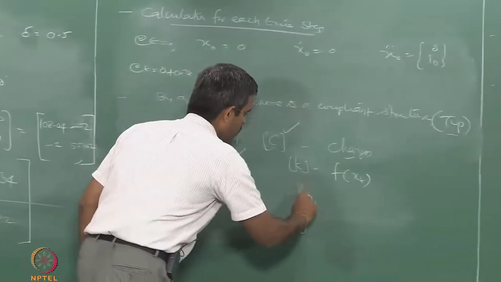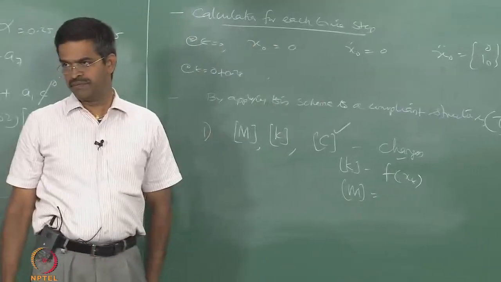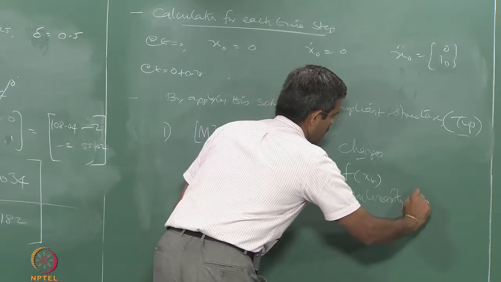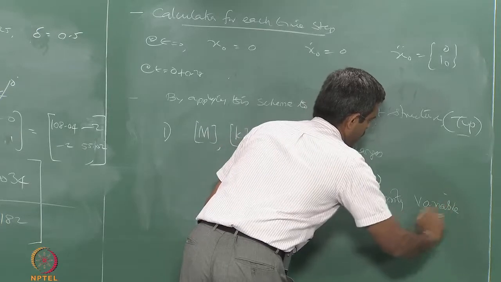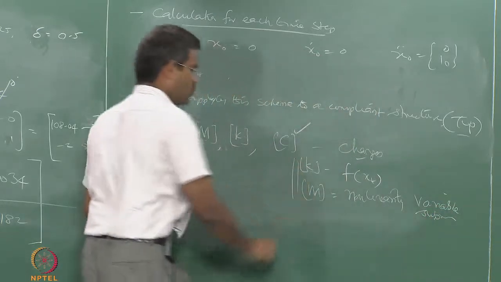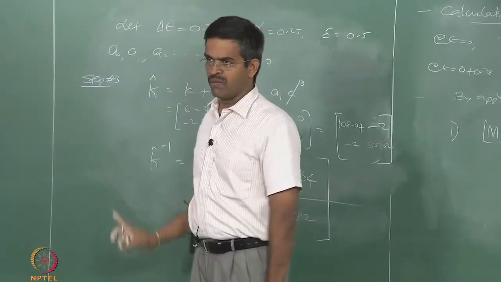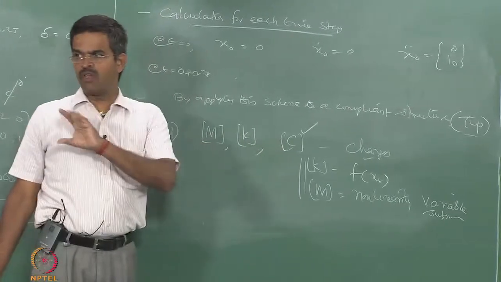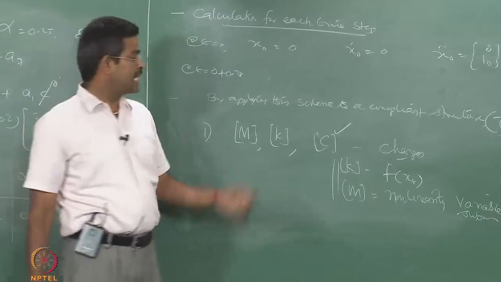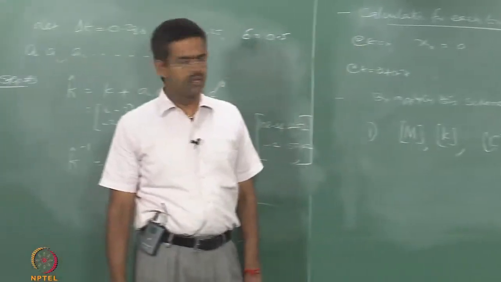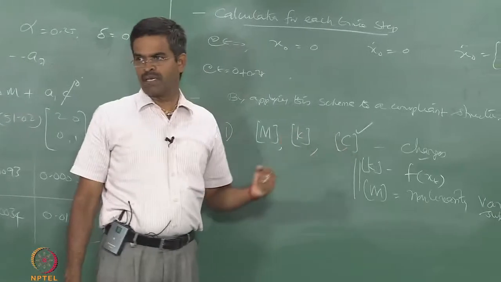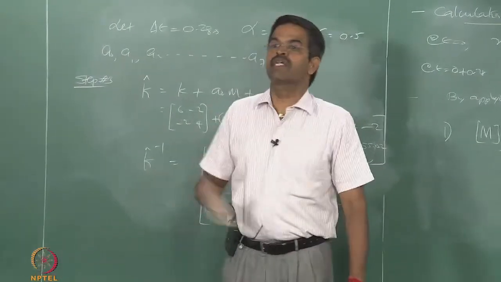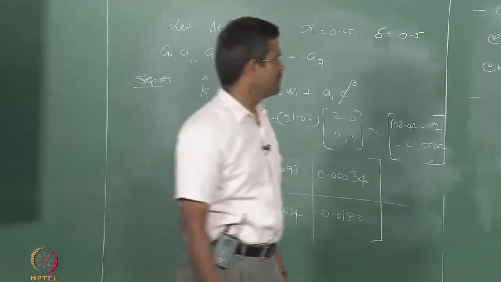And to some extent M is also buoyancy dependent, what we call non-linearity arising from variable submergence. So therefore these two are not fixed values as you had in this problem, they are changing. To start with, you will have M, K and C for the initial value of x only, which is a static equilibrium condition. So the initial value you will have, then you keep on updating. It means when your M, K and C are changing, the whole scheme will get iterated. It will not be unique.